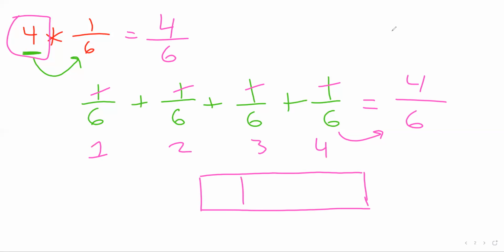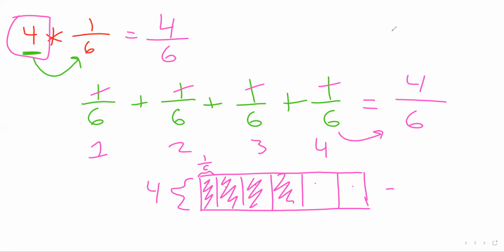So let's think about breaking that down into sixes. 1, 2, 3, 4, 5, 6, right? So my 1/6 is really here. And then I would have 4 units going across that, which would be 1, 2, 3, 4. So again, I have 4/6 when I look at my model there.